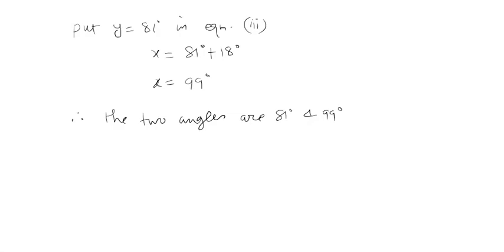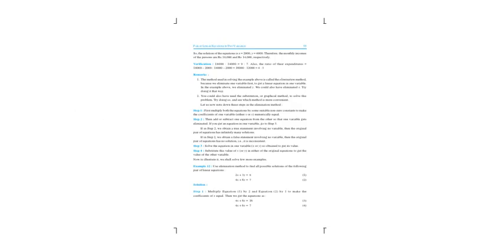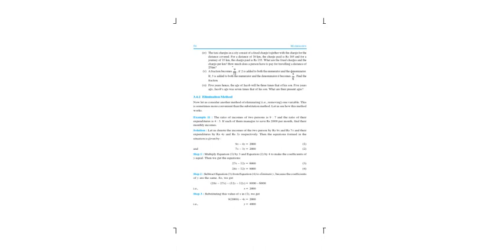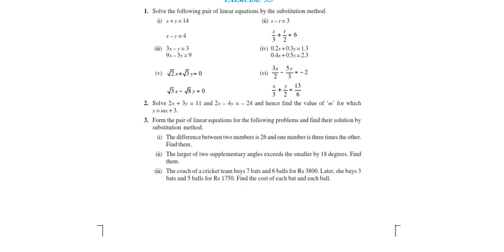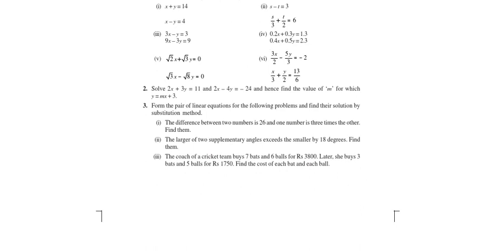Right. So now let's come to the third part. This third part says that the coach of a cricket team buys 7 bats and 6 balls for rupees 3,800.